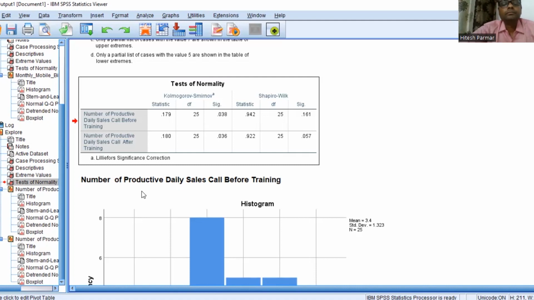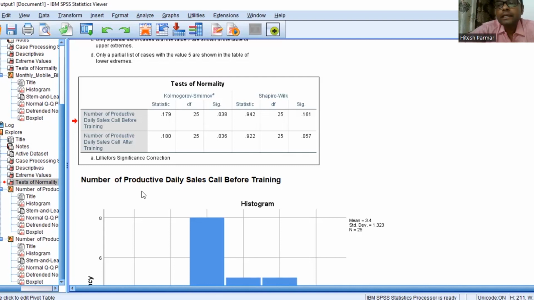So we reject the null hypothesis according to the KS test. For the Shapiro-Wilk test, 0.161 and 0.057, so the result is we fail to reject the null hypothesis.